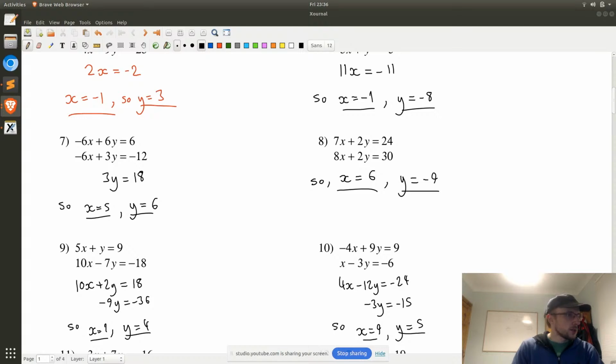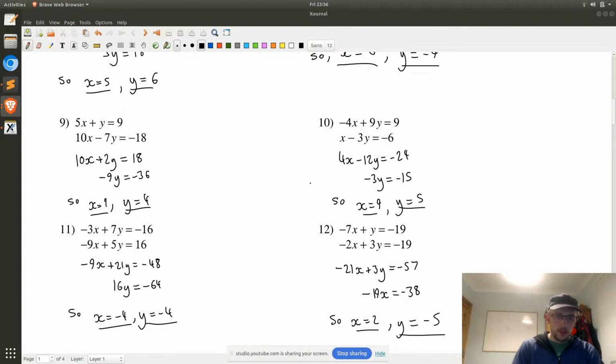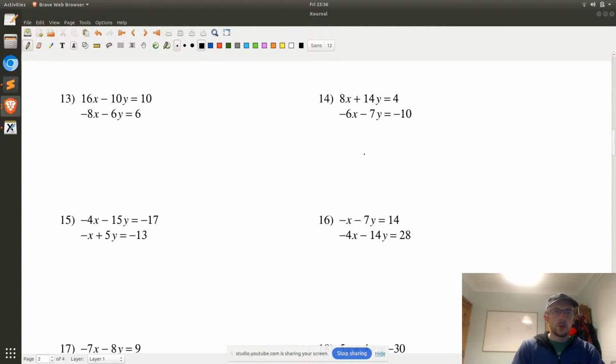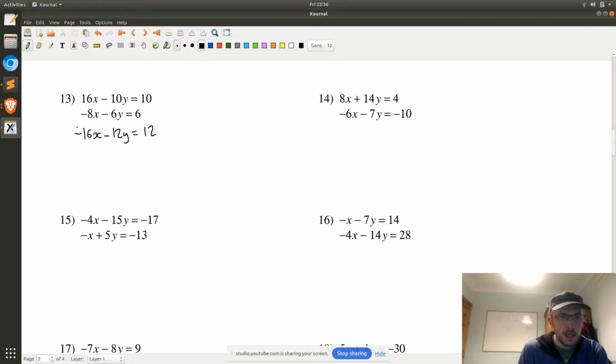Check, check, check. 7. Correct. Correct. Good. And continue. Double. Add. Divide.